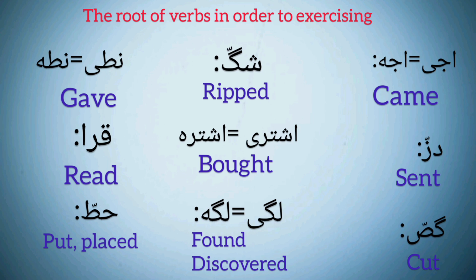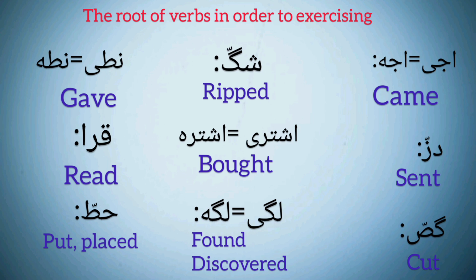In this one, as you see, this root has 5 letters, but in previous lessons we said that roots have 3 letters. Sometimes we have 3 letters in roots, but sometimes we have 5 letters, though roots with 5 or 4 letters are less common than those with 3 letters.